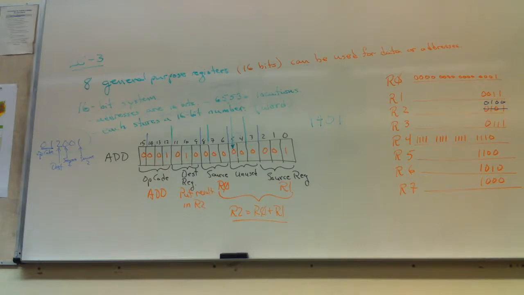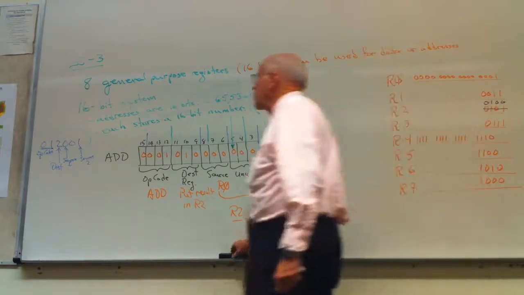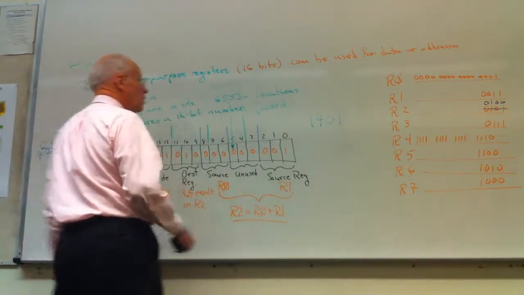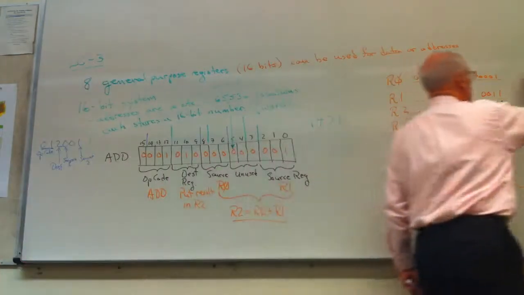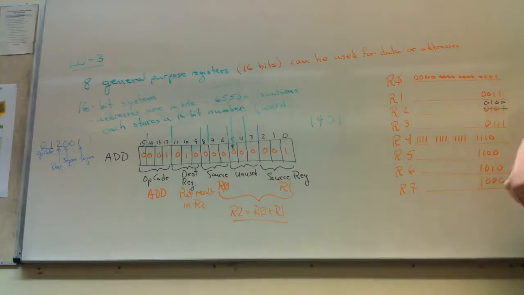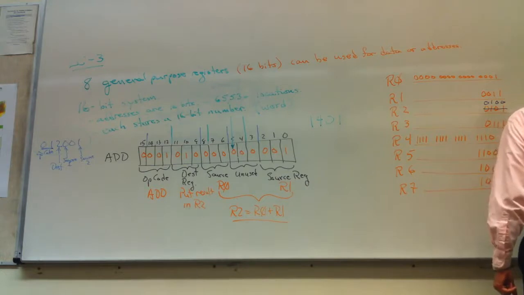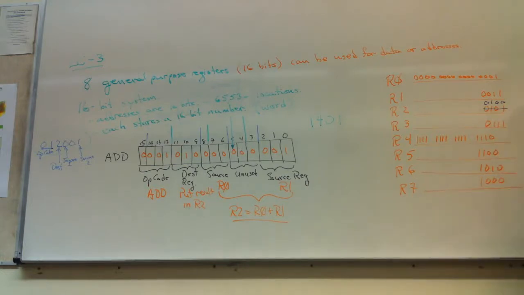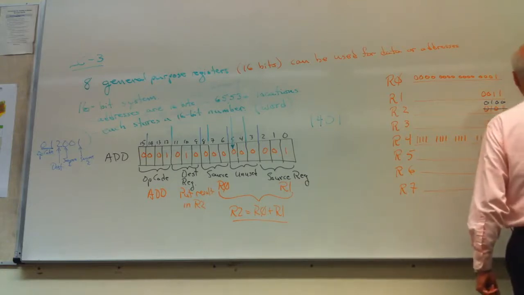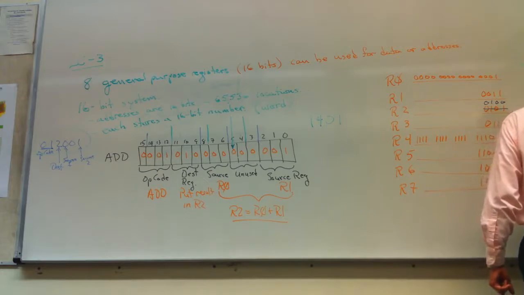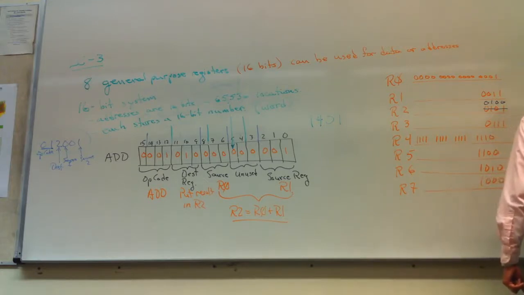Data types. One of the things you have to recognize, this refers back to the von Neumann architecture, is that the contents of a location are interpreted by context.